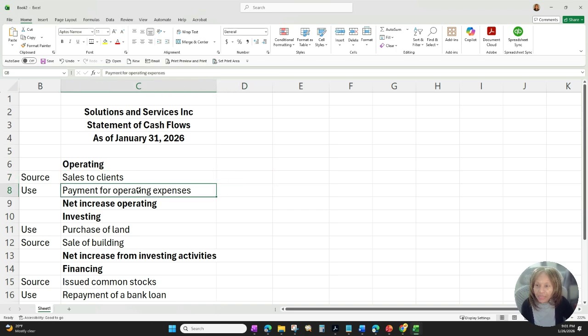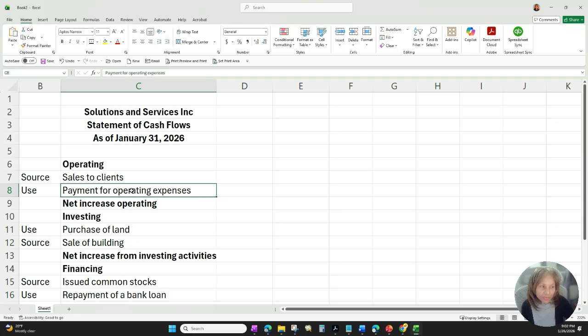Cash paid is an outflow of money. Cash paid for operating expenses such as rent, utilities, supplies, and you can imagine everything that goes on in a business on a daily basis.